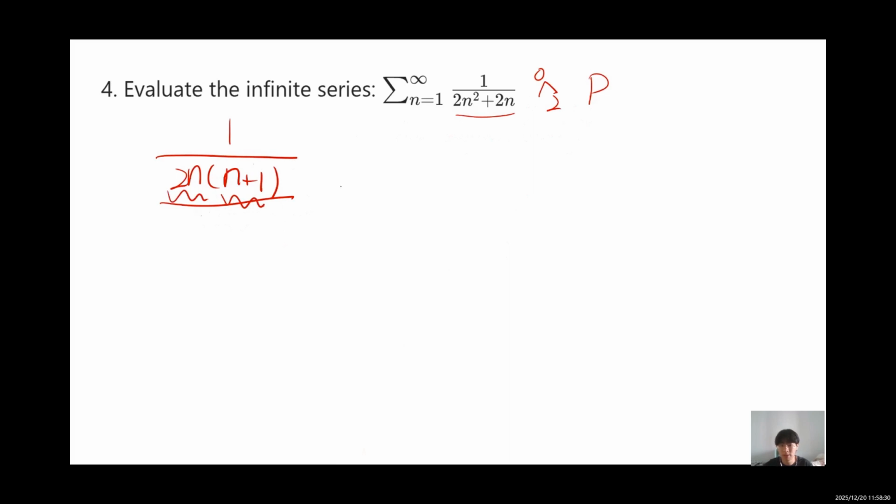What should we do? Just 2, so we can just take it off. See, it's easier. Then we can just do what we have done before.